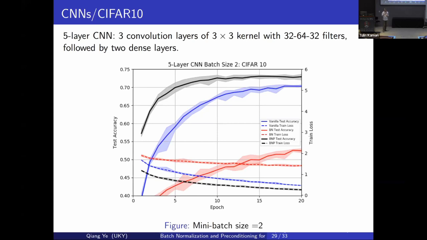Here is the same network, but with a smaller mini batch size. The blue line is the vanilla network, the black line is preconditioning, and BN in this case is doing terribly, because the network is very dependent on the mini batch.